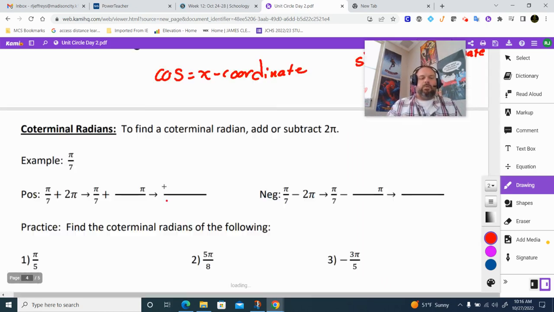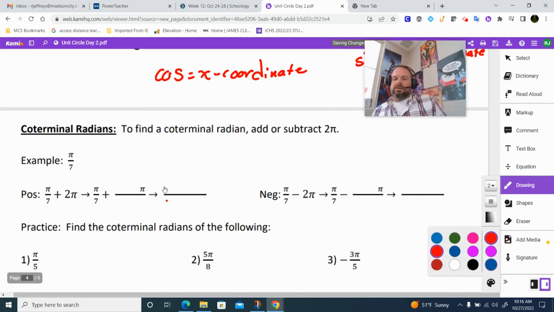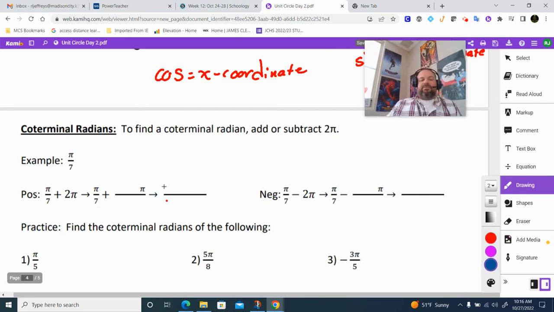All right. So if I'm given pi over 7, okay, now, FYI, all these examples are not one of the angles that we looked at yesterday on the unit circle. I would actually have to add 2 pi.